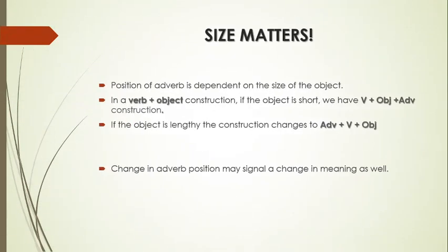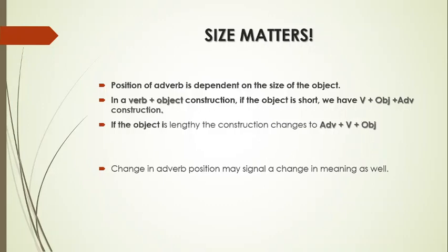Now let's come to the final part. Size matters. You see, the one thing we discussed before is that adverbs of manner are placed at the end of the object usually. The position of this adverb is dependent on the size of its object. For example, in a verb and object construction, if the object is short, we have verb, object, and then adverb construction, like she sang the song beautifully.